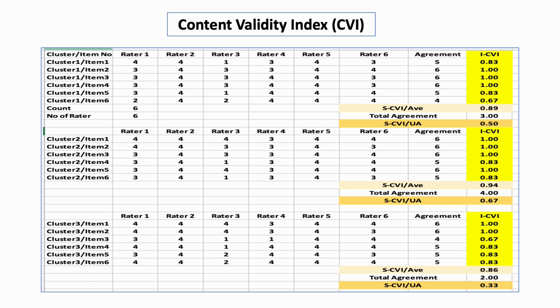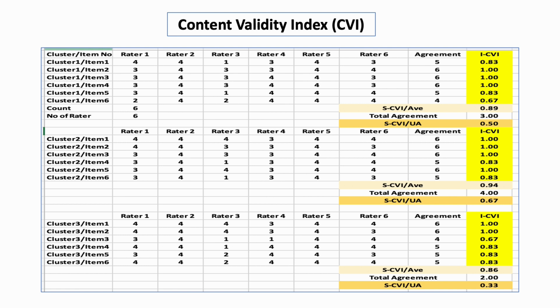Nevertheless, the SCVI and ICVI, when we look at them, are achieving the target, which is more than 0.80. So for this construct, all the items have achieved that, and it's above 0.89. So we will accept all these items.